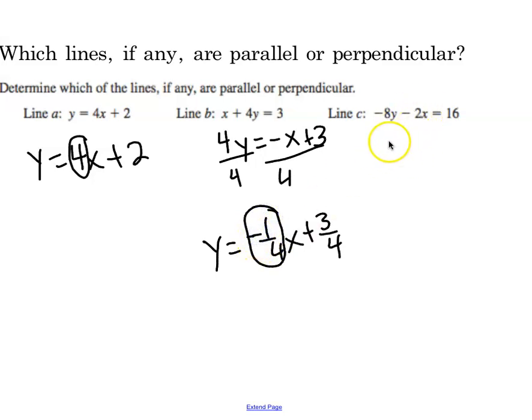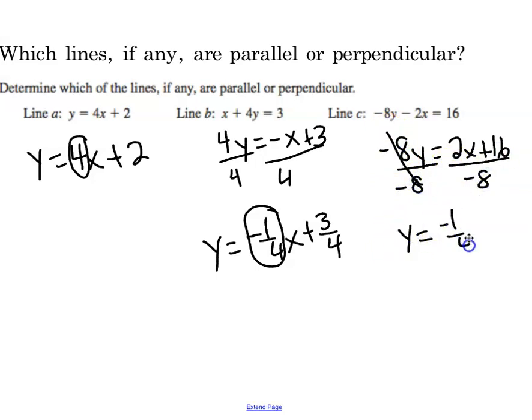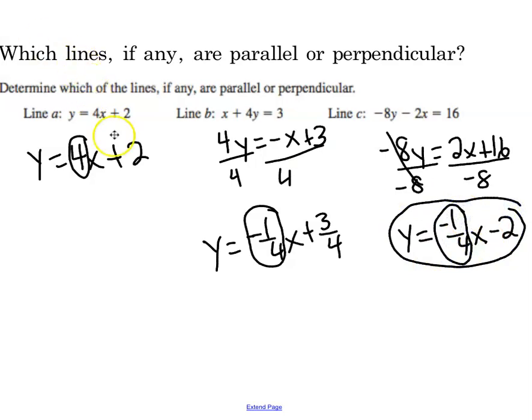And then the third one, same thing. I have -8y equals 2x plus 16. I divide by -8, and I get y equals -1/4 x minus 2. Okay? So that's in slope-intercept form. That tells me the slope is negative 1/4.